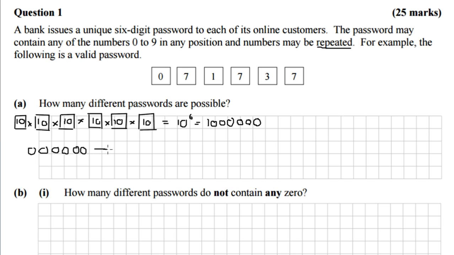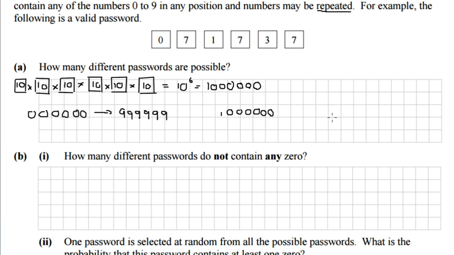I could do that all the way up to 999,999. Now if you count the number of numbers from that number to that number inclusive, you're going to get 1 million. That's another way of doing it. But obviously only give one way of doing it, don't do 2 different ways. But it's always helpful to know 2 different ways of doing a question. That's part A done.